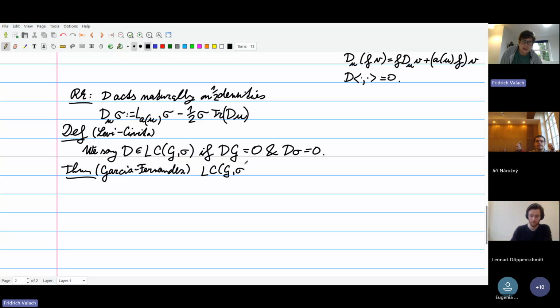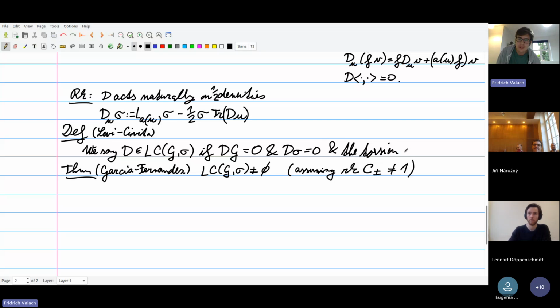Unfortunately, it's not a point. There is a choice of more things. So this is not empty. The only thing you have to assume is that the rank of C plus or minus is different from 1, which it definitely is in our case. So the bottom line is there exist Levi-Civita connections, and furthermore the torsion of D vanishes.